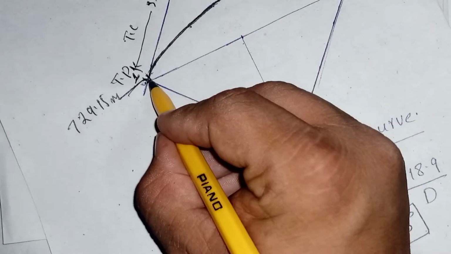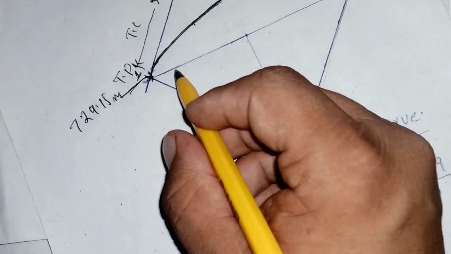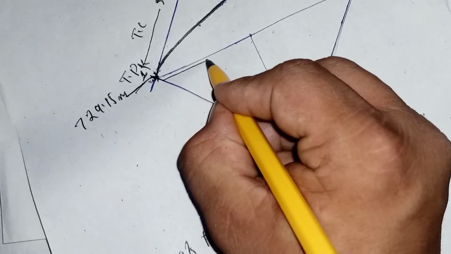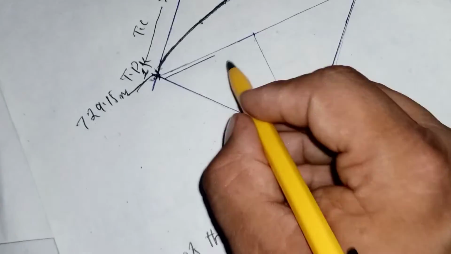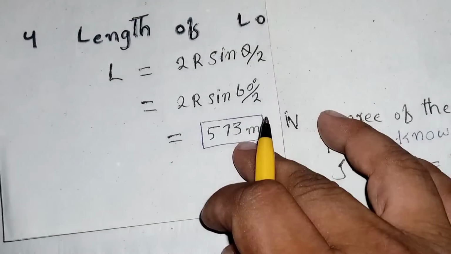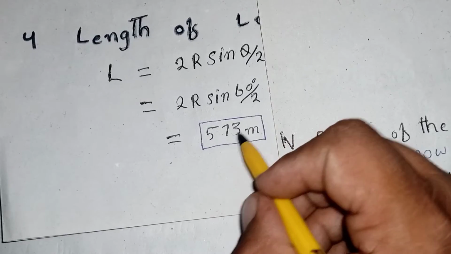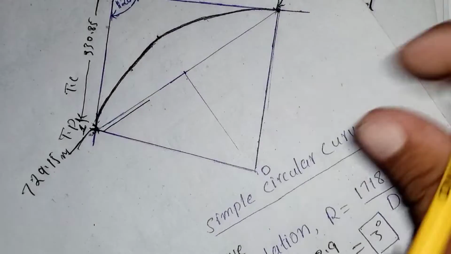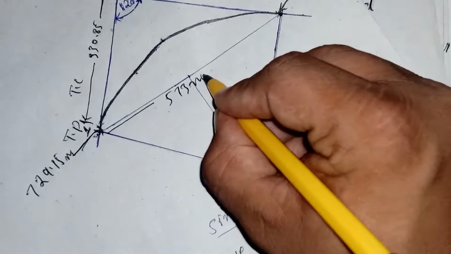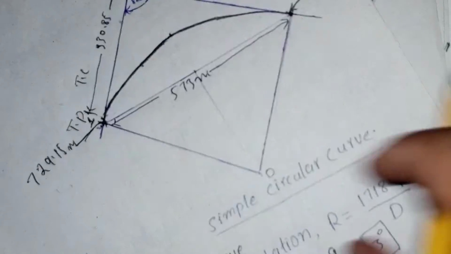From this point to this point, joining the end points of the curve, is called the long chord. So this is the length of long chord we have found by the formula, 573 meter.